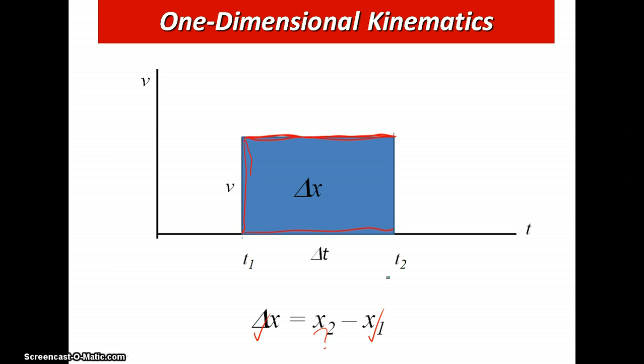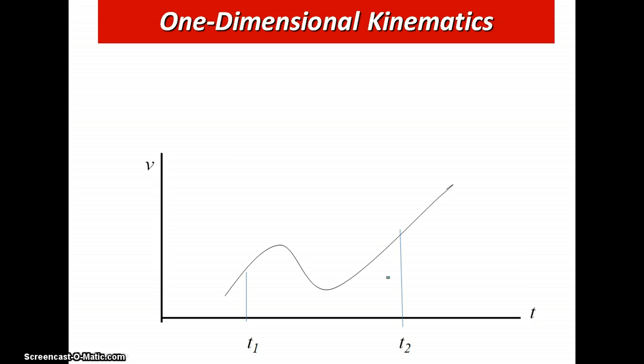The next thing we want to look at is what if the motion is not a motion with constant velocity, but rather more complicated. Say the velocity versus time graph is a curve, something like this, between time intervals t1 and t2. How do we go about calculating position or displacement then?